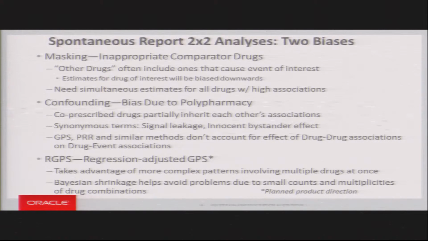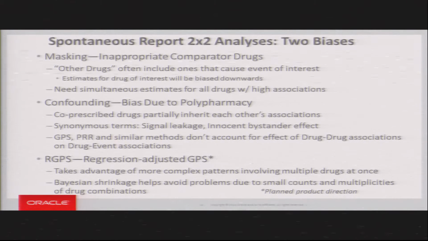So you would imagine it would be better not to include other known problem drugs in the control group. It's better to have a simultaneous estimate across all drugs that have high associations. Confounding is another issue that often shows up that would bias these 2x2 tables. If you have patients, let's say with diabetes or with AIDS, they take a lot of drugs.